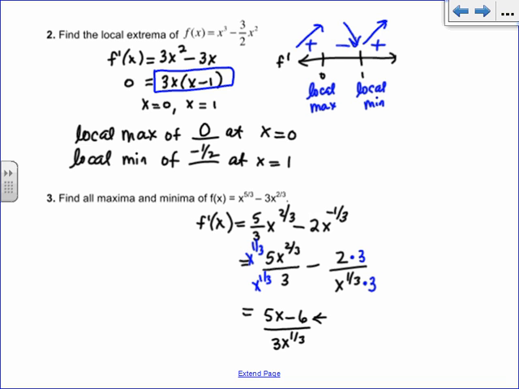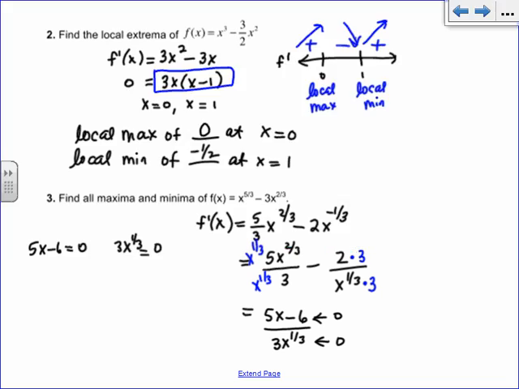I want to set the numerator and denominator equal to 0. So 5x minus 6 equals 0, and 3x to the 1/3 equals 0. I get critical values of 6/5 and 0.